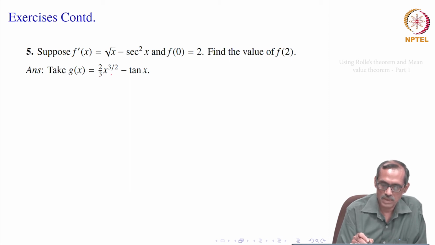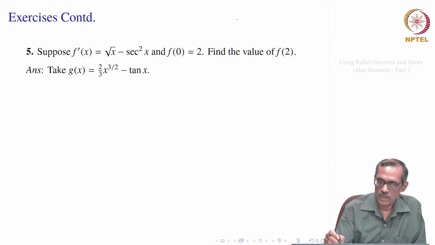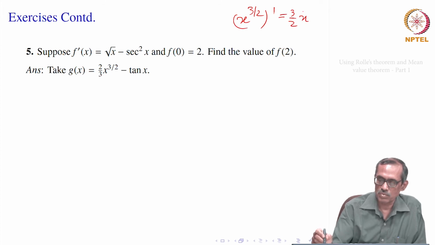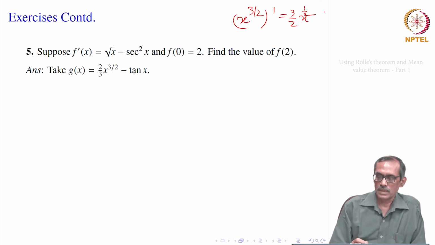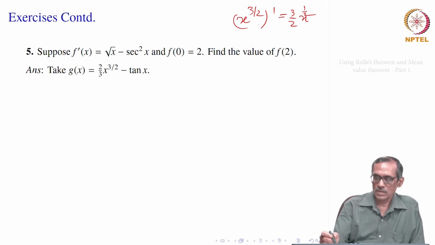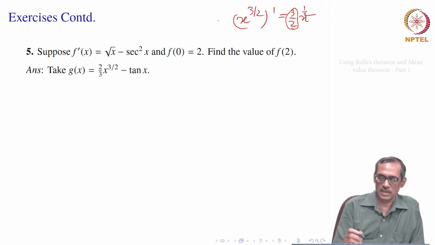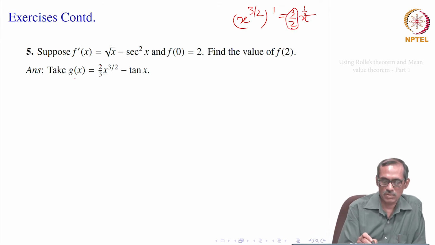If I take x to the power 3 by 2 and differentiate, the derivative will be 3 by 2 x to the power 3 by 2 minus 1, which is half. Since I have only x to the power half, not this constant, I multiply by the reciprocal constant here. So, I start with g x equal to 2 by 3 x to the power 3 by 2, and secant square x comes from tan x when you differentiate. So, we start with g x equal to this.